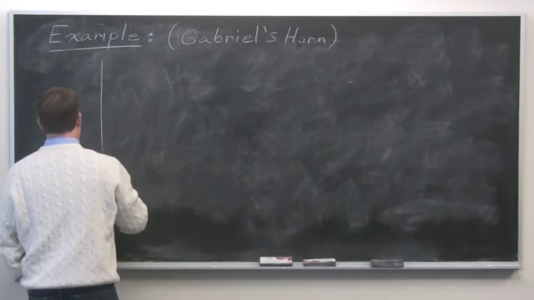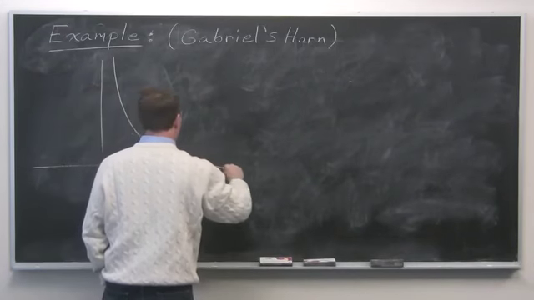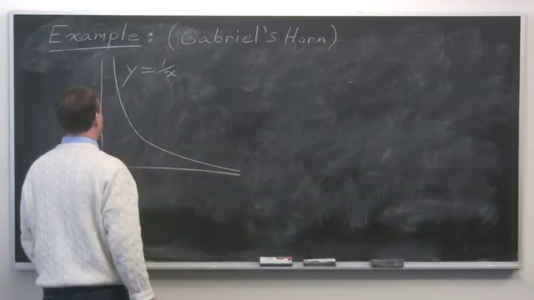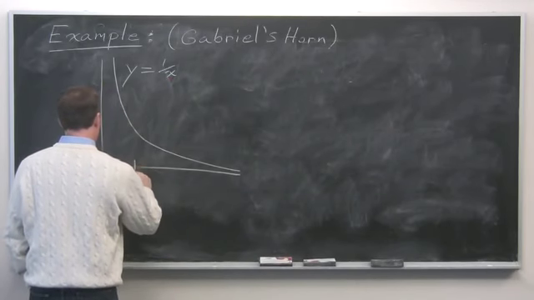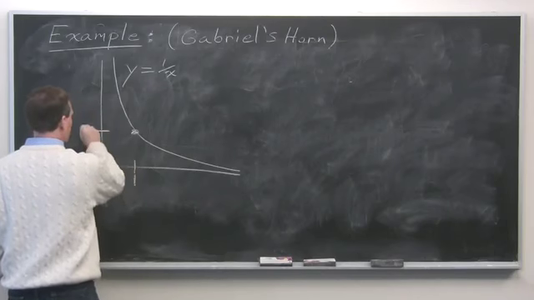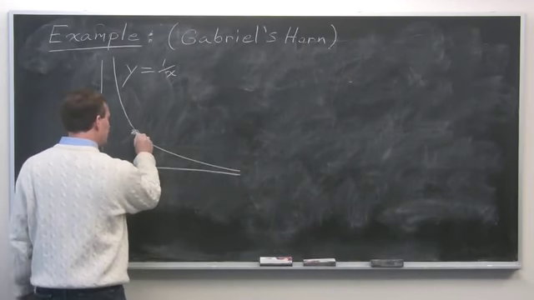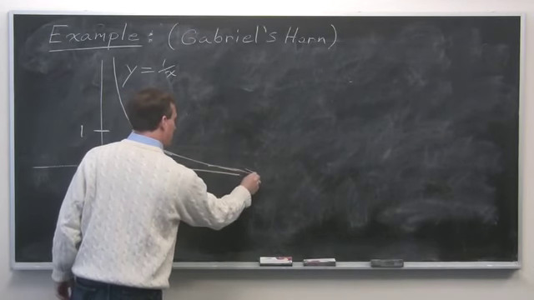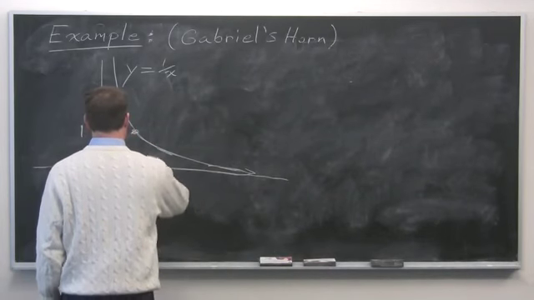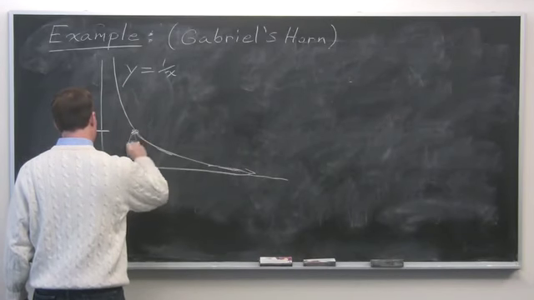So what is it? Suppose you take the curve y equals 1 over x. Here's 1, 1. And we're going to take this infinite part of the curve that gets closer and closer to the x-axis, and we're going to rotate that around the x-axis.